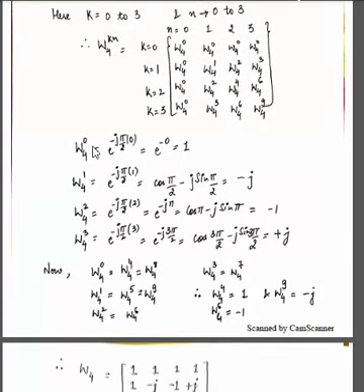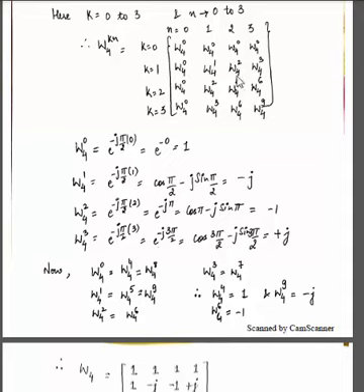So first, the value of twiddle factor raised to power 0, that means e raised to power minus j pi by 2 raised to power 0 is equal to e raised to power minus 0, then it becomes 1. Then twiddle factor 1, W4 raised to power 1 is equal to e raised to power minus j pi by 2 into 1. It becomes e raised to power minus j pi by 2, that is equal to cos pi by 2 minus j sin pi by 2, and we know cos 90 is 0 and sin 90 is 1, then it becomes minus j.